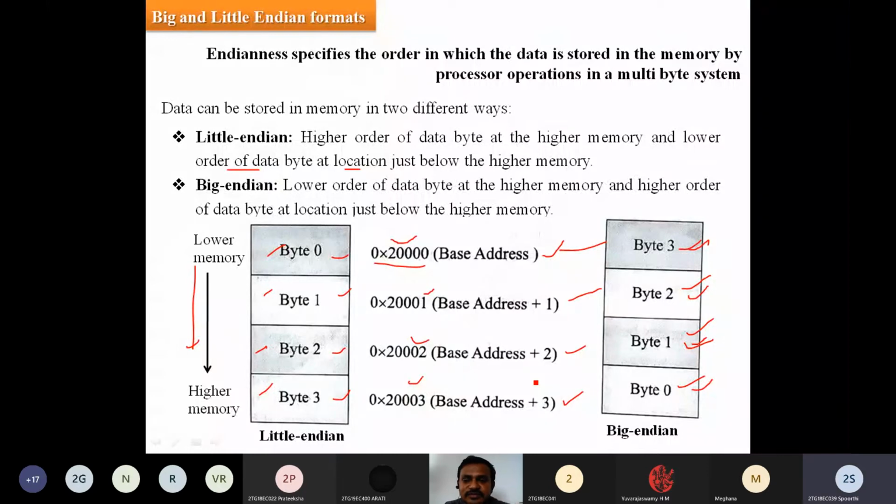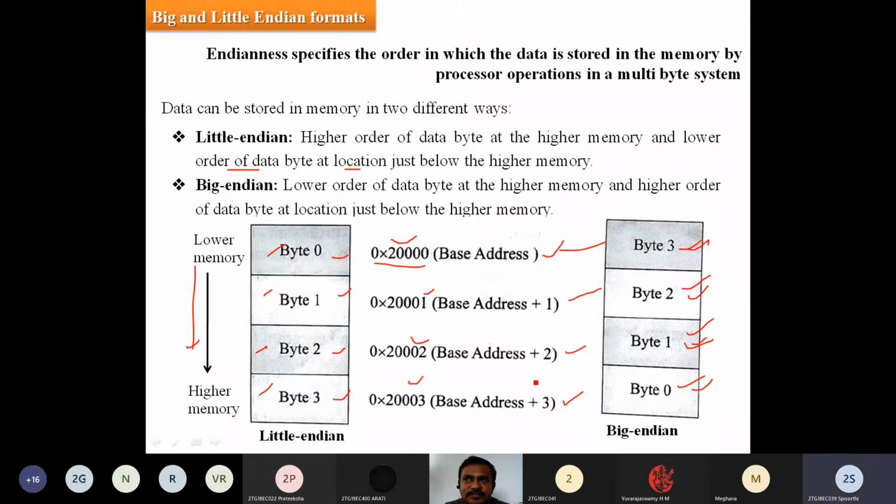I told 7 bytes. If you say 7 bytes, then we have to start from 6, 5, 4, 3, 2, 1, 0. So how are you going to allocate these memories, from top to bottom or bottom to top?